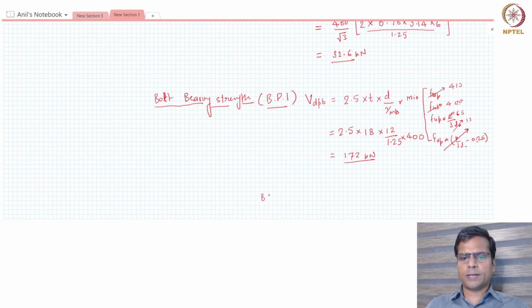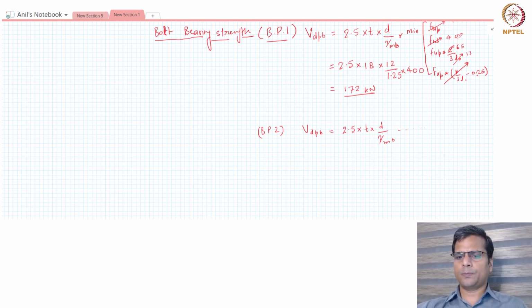However, bearing plane 2 has to be considered too, which basically consists of two plates. And actually the minimum of the two bearing strengths will be the strength of the bolt. Again, the same expression 2.5 times t times d divided by gamma mb and so on.